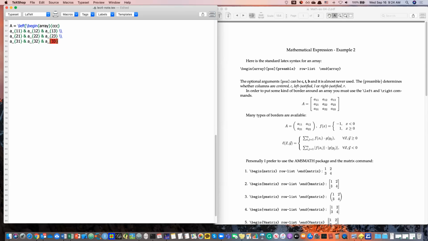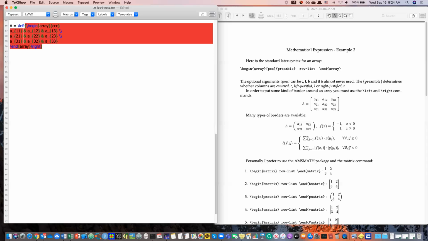Now in the last row, you don't have to enter the double backslash. Just leave it and then just end, and then write the close bracket.